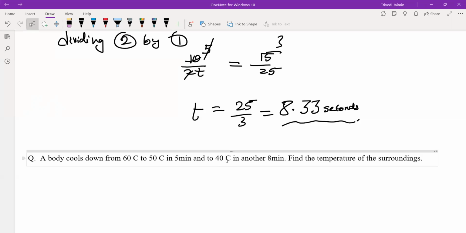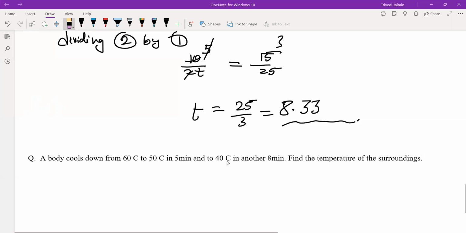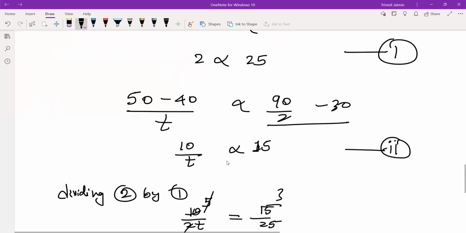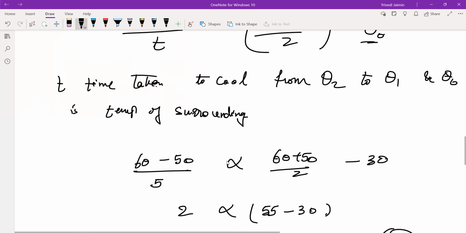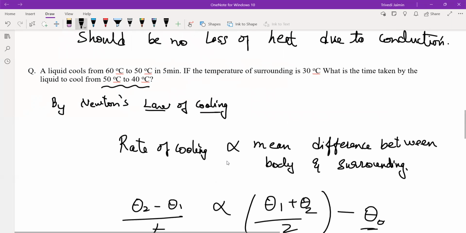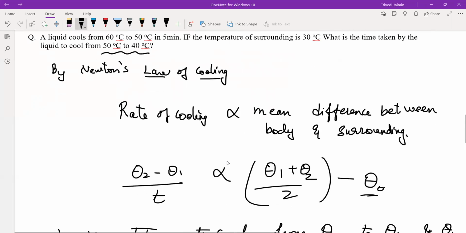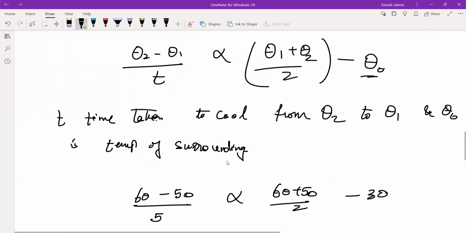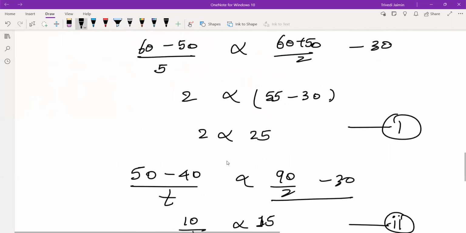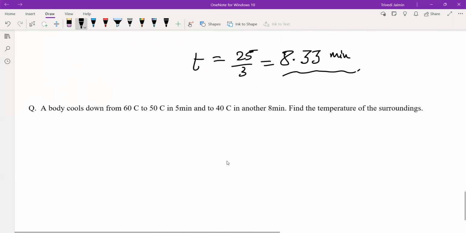Because this is in minutes, 5 minutes, and we didn't convert. That means this should be in minutes. Did we convert it here? Nowhere. We didn't. That means it's 8 minutes, not 8 seconds.